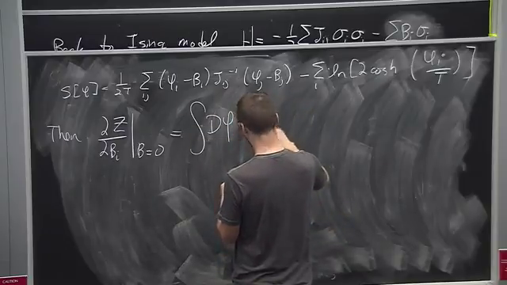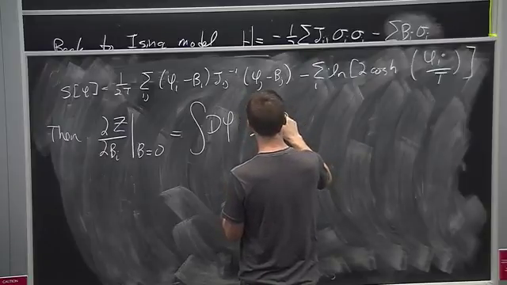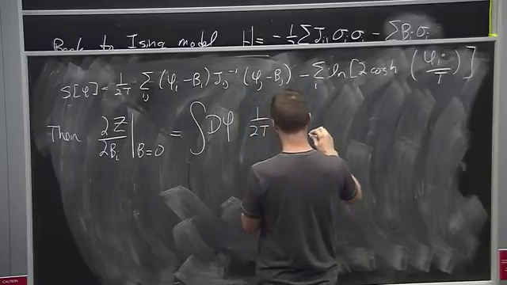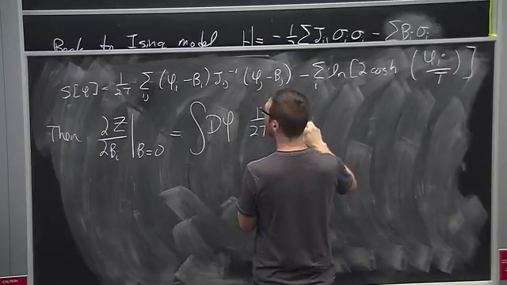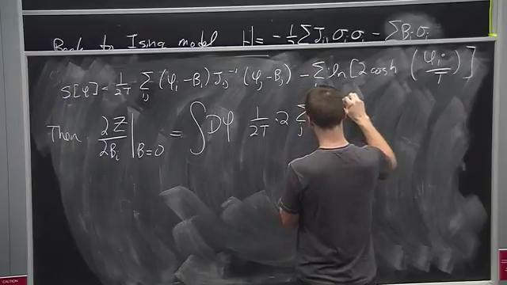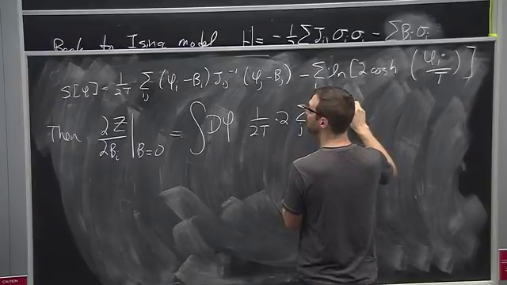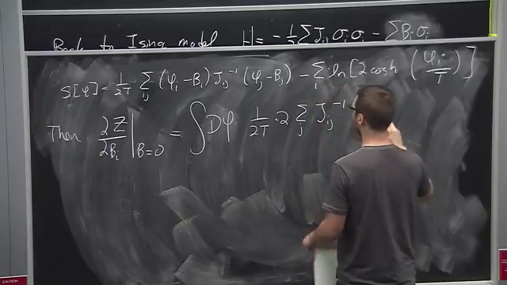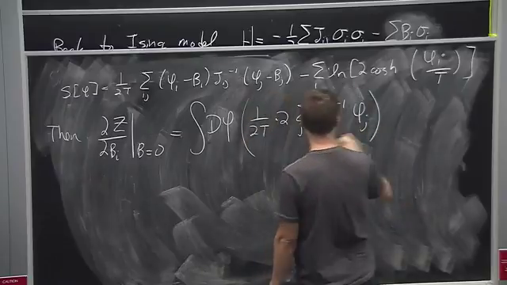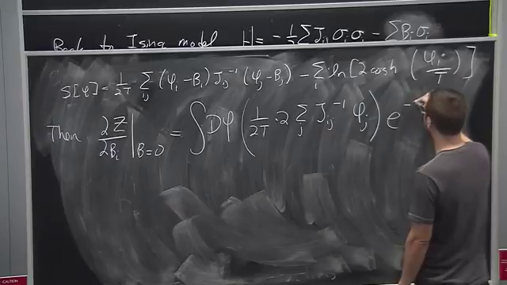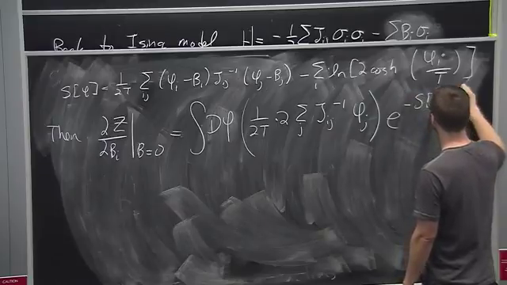so it's going to be 1 over 2t. Then it's going to be something like j minus 1, let's see, phi j. E to the minus, you know, it's an exponential, so it's the same action. I'll just write it like that.